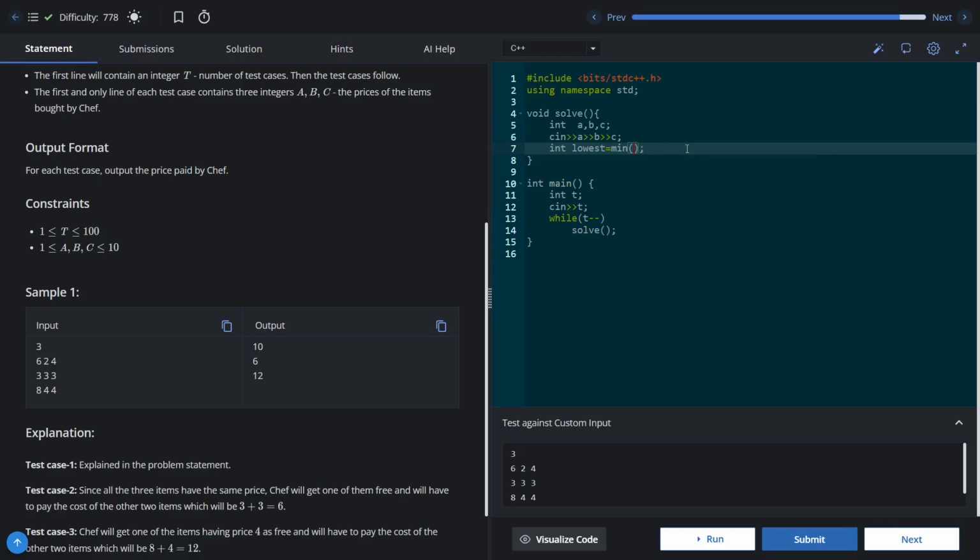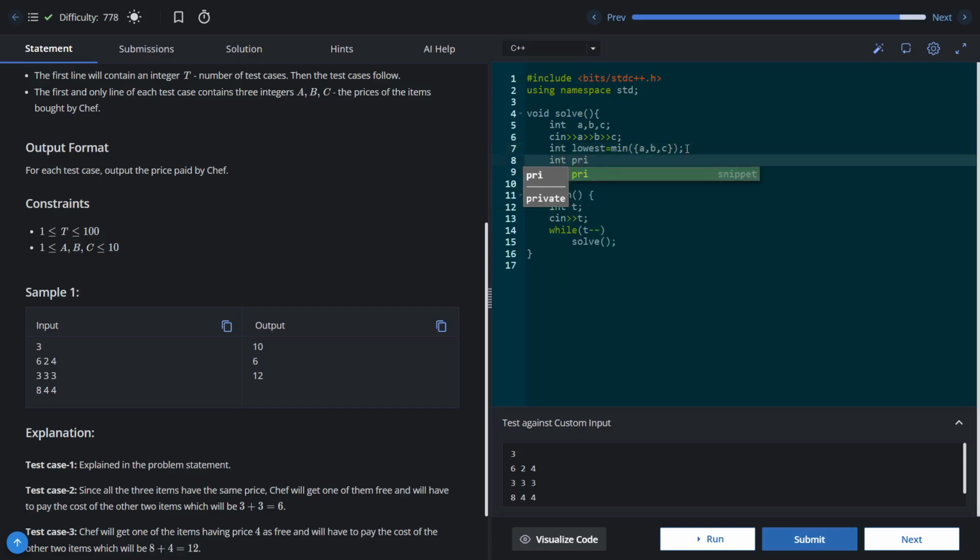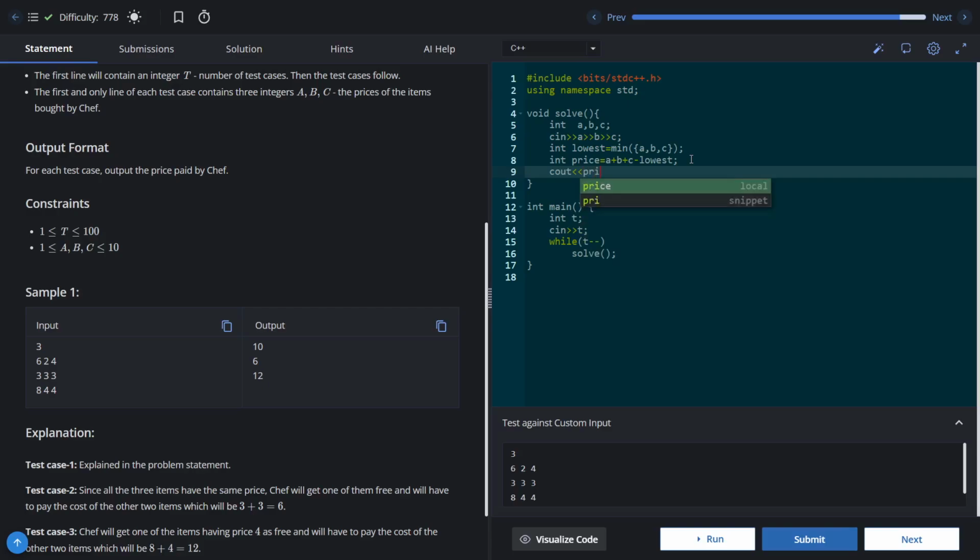So we are using it for 3. This is the minimum we have got. Now the price will be a plus b plus c minus the lowest. Lowest will be one among a, b and c, and that will be subtracted here. At the end we will have to display the price.